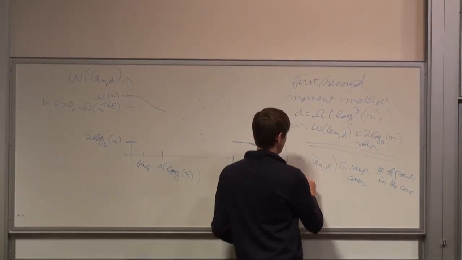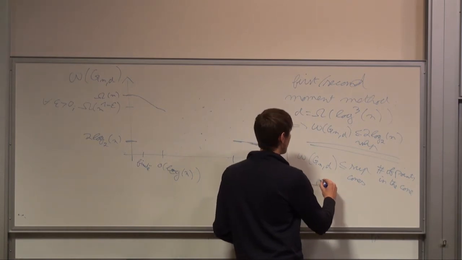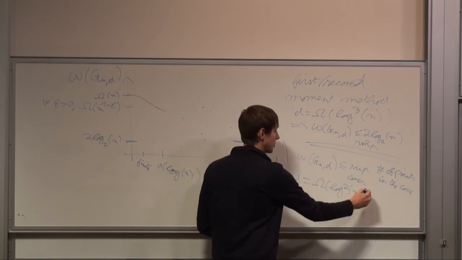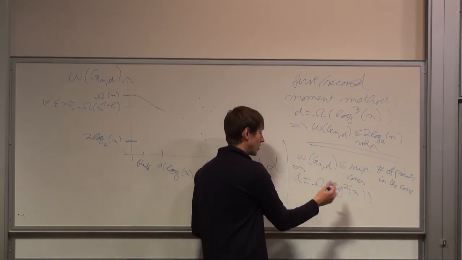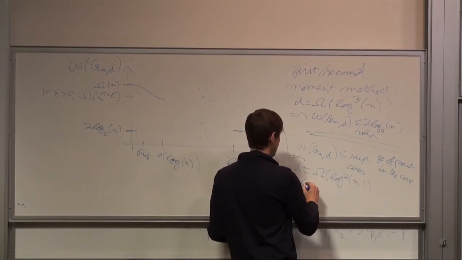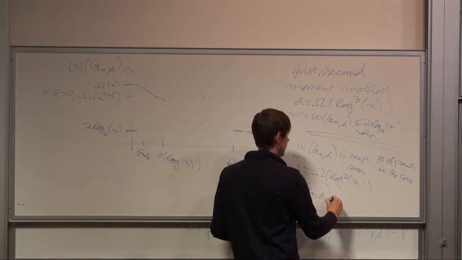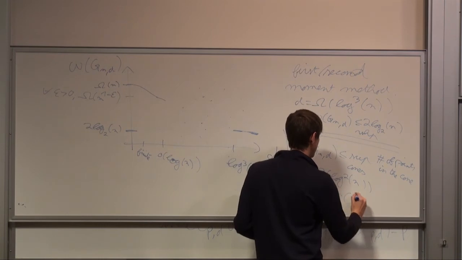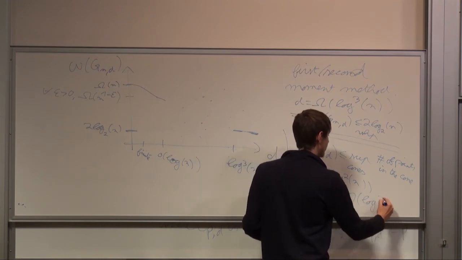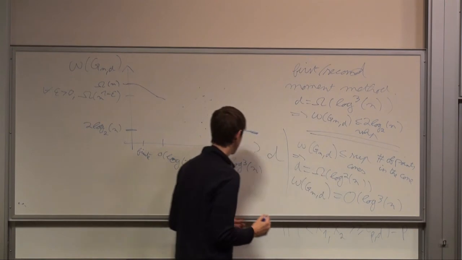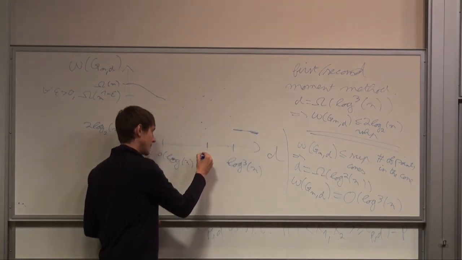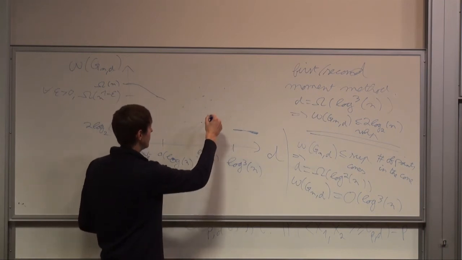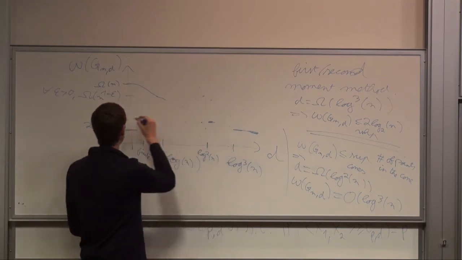That gives you that already at log squared n, you're not quite at 2 log n, but you are already smaller than log cube n. So what they showed is that by doing this argument, at d being omega of log squared n, omega of GND is already smaller than big O of log cube n.